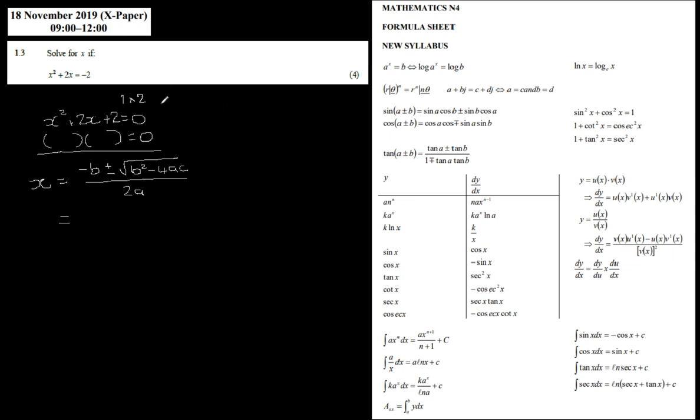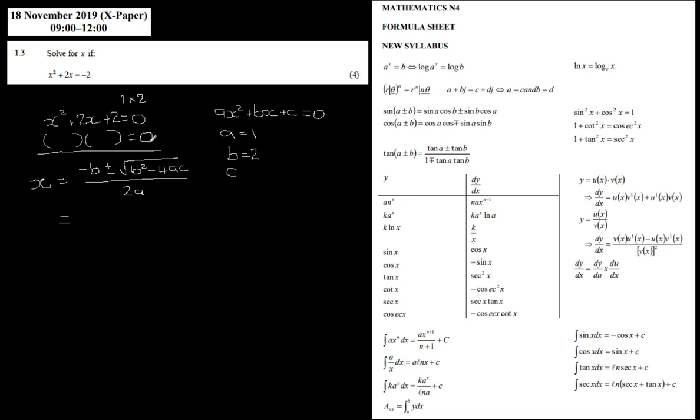So our standard format for a quadratic statement is ax squared plus bx plus c equals 0. If we relate these two to each other, I can see a is the value in front of x squared, which is a 1. b is the value in front of x, so that will be positive 2.